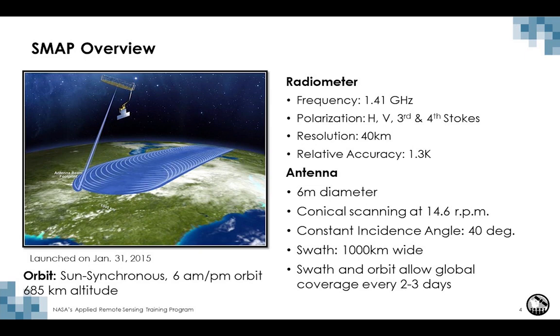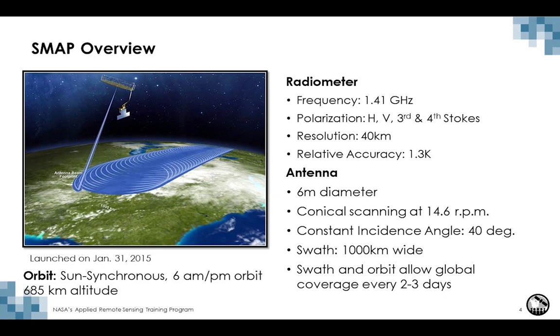SMAP provides frequent revisit global maps of soil moisture. Now, SMAP uses a microwave sensor called a radiometer, which operates in the L-band range, specifically at 1.41 gigahertz. The radiometer measures what's called brightness temperature, which is in kelvins, and from brightness temperature, soil moisture is derived as a product.